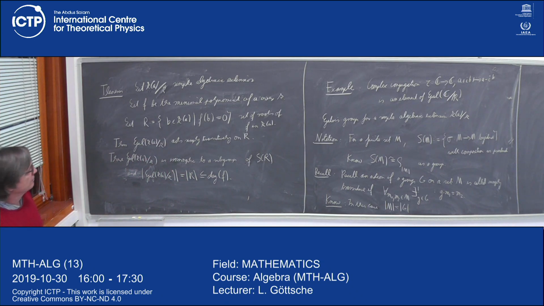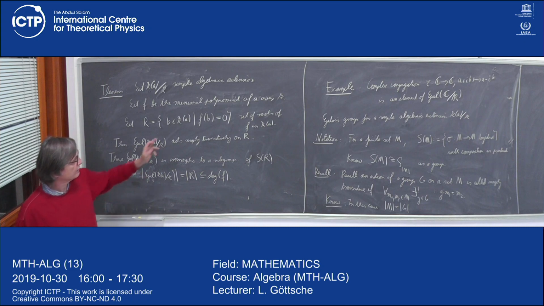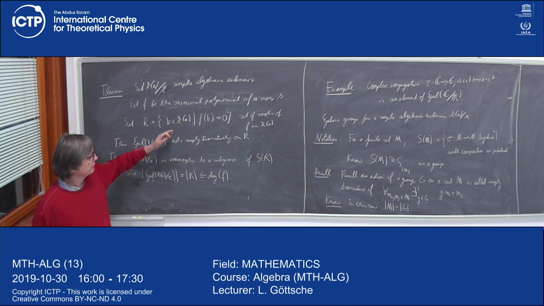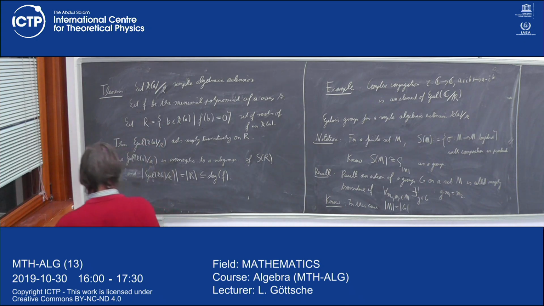It's not completely explicit, but we see that an element in the Galois group is determined by what it does to the roots of this minimal polynomial, and the action of the Galois group is simply transitive. So for any two elements in R, there's precisely one element in the Galois group which sends one to the other. Okay, so let's try to prove this.